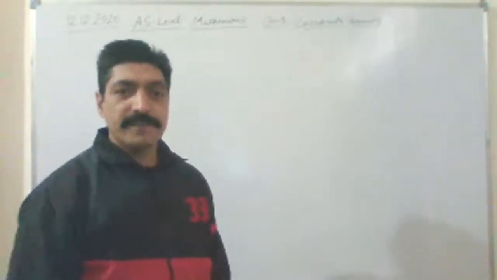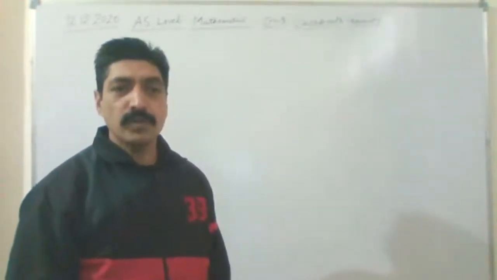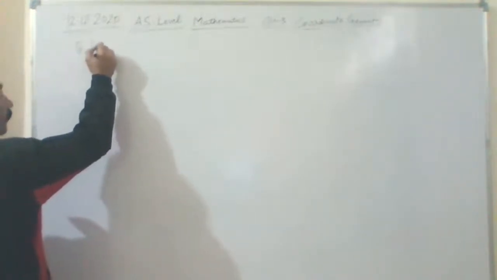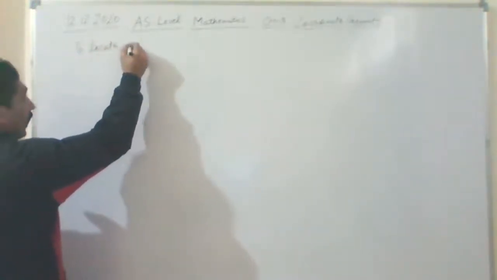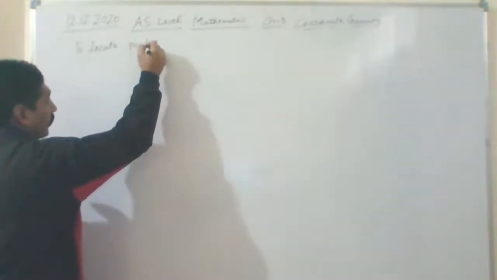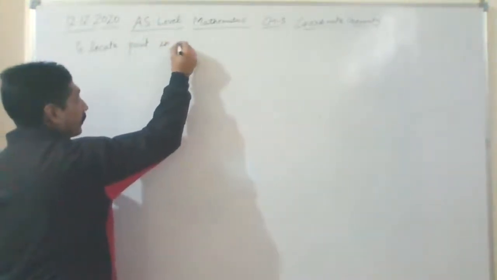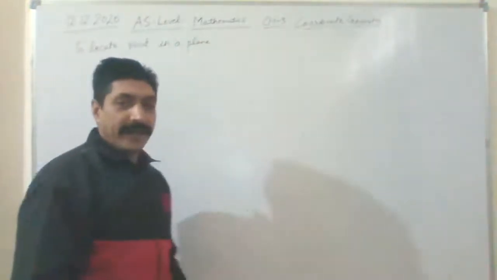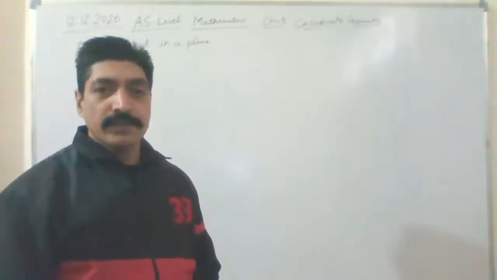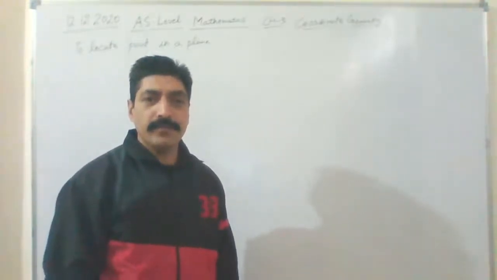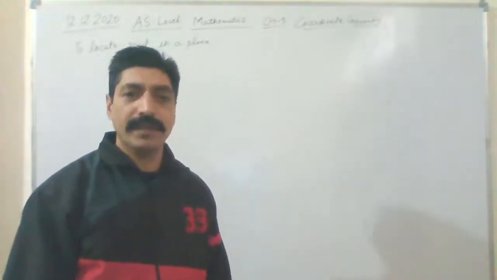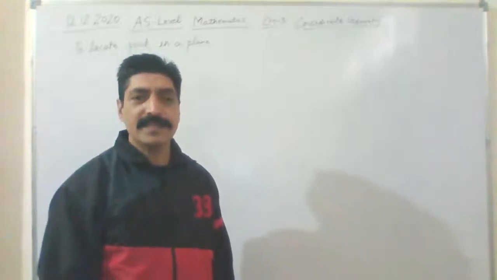First, they have discussed how to locate a point on a plane. We know that to locate any point on a plane, we divide the plane into 4 quadrants by two mutually perpendicular lines, the x-axis and y-axis.